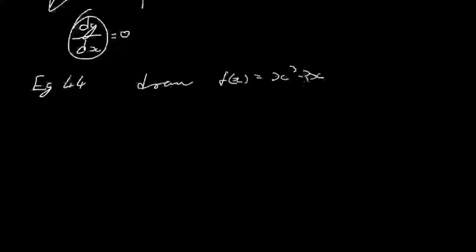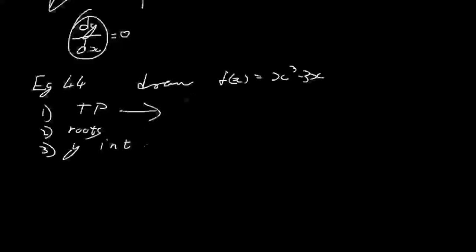So, example 44 says, draw f of x equals x cubed minus 3x by first calculating the turning point, then the roots, then the y-intercept.